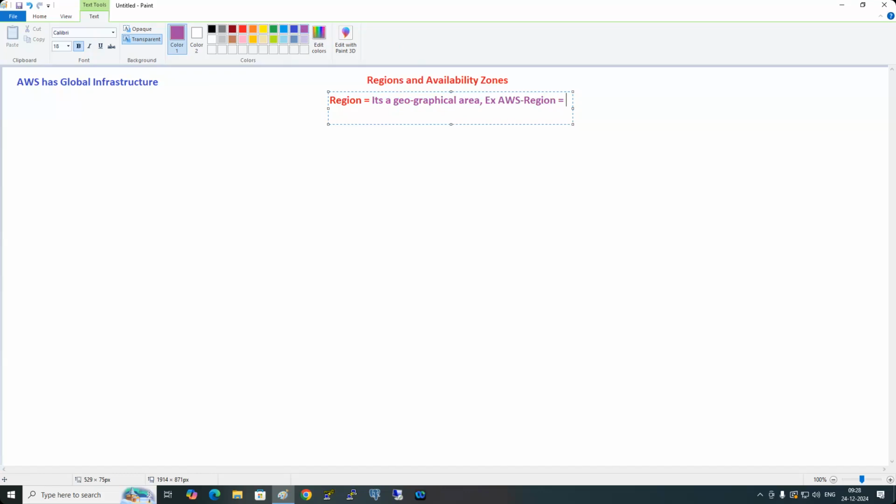Instead of saying Hyderabad or Mumbai, I told you it's better to use Mumbai. Why do we use Mumbai instead of Hyderabad? Is there any harm using Hyderabad? No, there is no problem using Hyderabad.